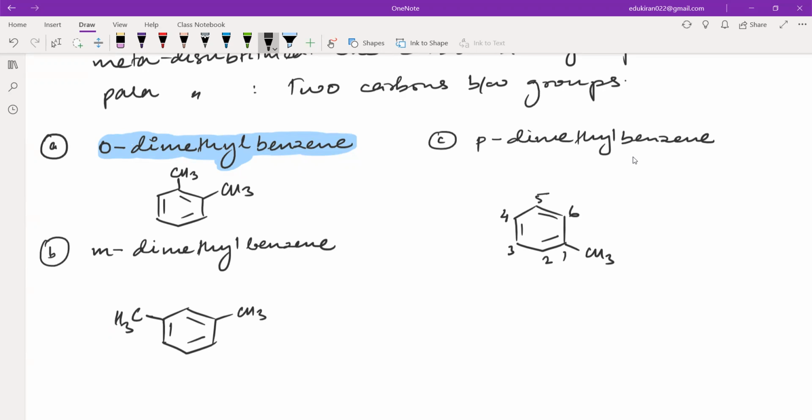बताइए. In the C1, where should be the other methyl group? 3 or 4. 3 और 4. पैरा का मतलब क्या होता है? हड़बड़ाए रहती हैं आप सुमेरा. Yes, Samira. 4. Which carbon? Okay. You seem distracted.